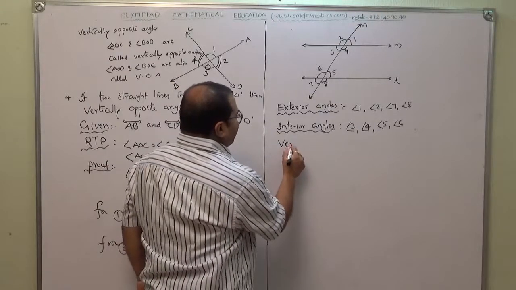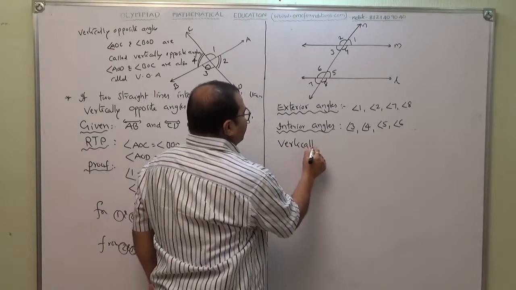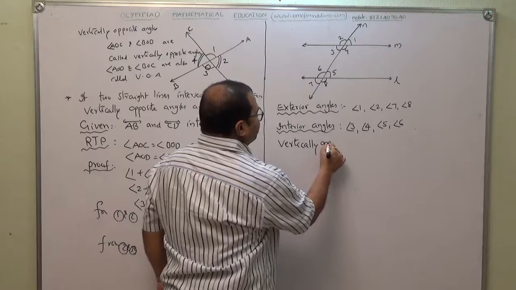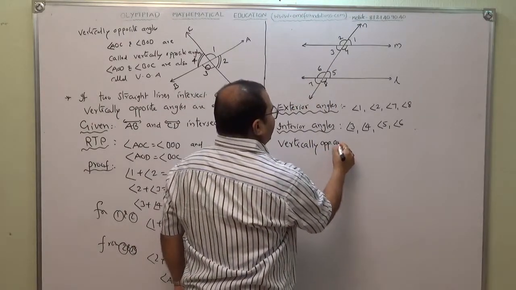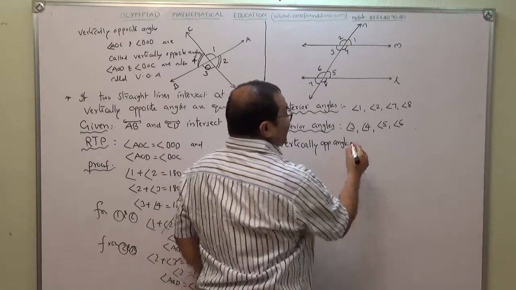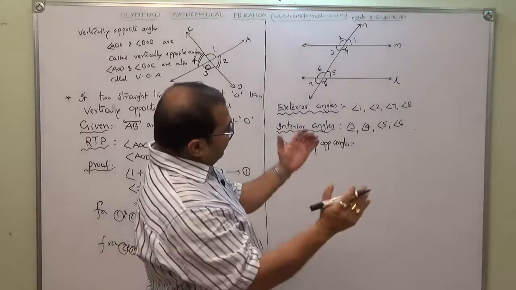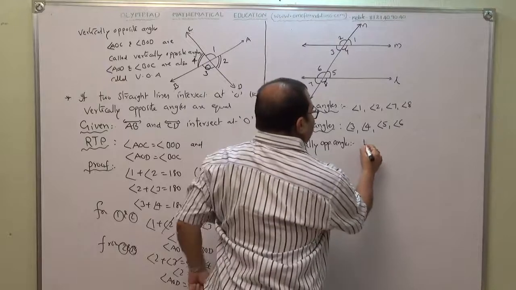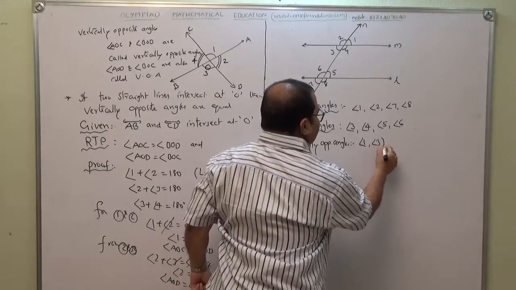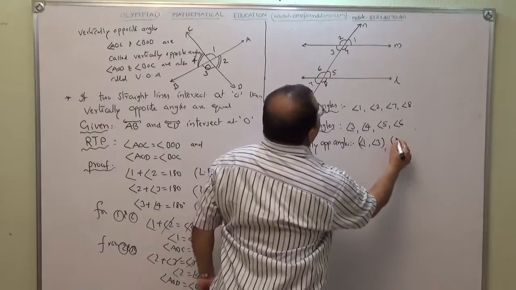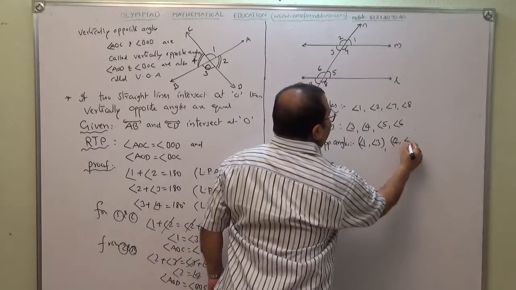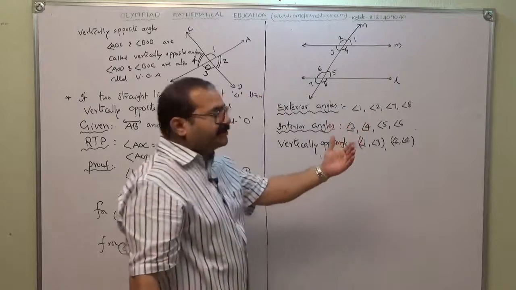Now we already learned the theorem on vertically opposite angles. What are vertically opposite angles? Based on this diagram, I will write them pairwise. The pair angle 1, angle 3 are vertically opposite angles, and one more pair, angle 2, angle 4, are vertically opposite angles.